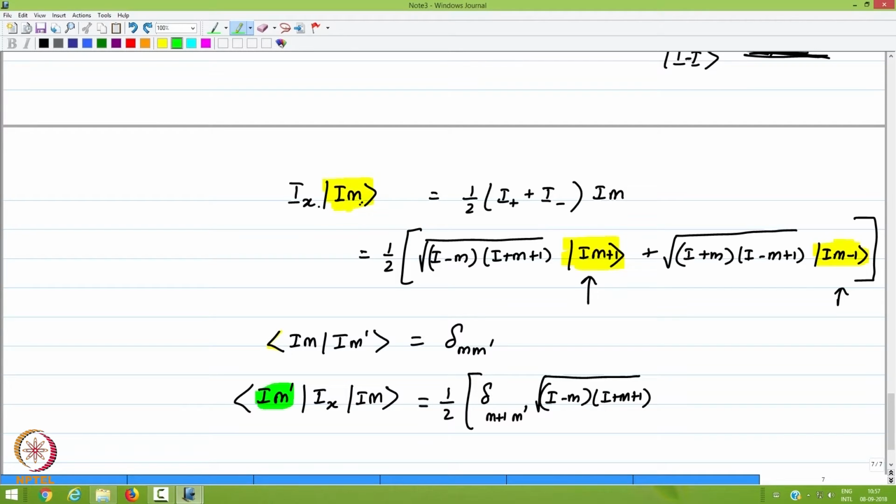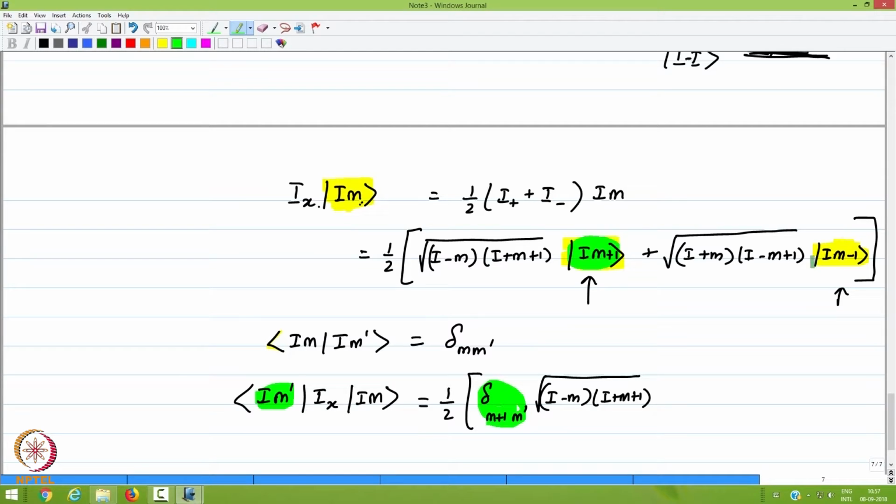So this im prime will recover this im plus 1 on the action of ix on im, provided this m prime is equal to m plus 1. That is what this part is.